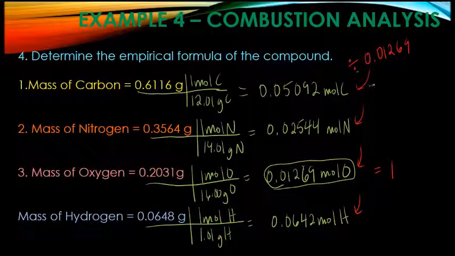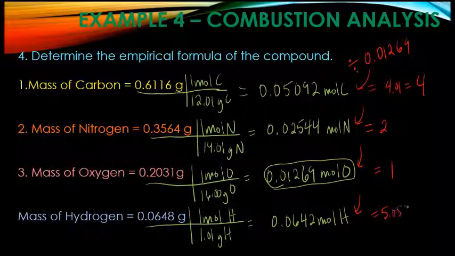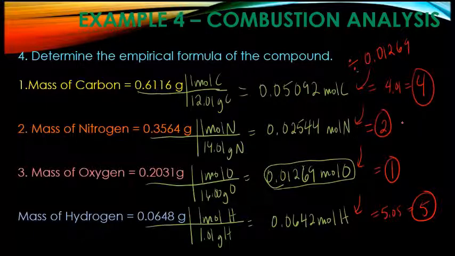Okay, so this one is approximately 4.01, which is really a 4. Nitrogen ended up being like a 2, almost on the nose, and then hydrogen was 5.05, which is really a 5. So now that we know our elements and their whole numbers, this one we didn't have to multiply till whole on. So that ends up working out nicely.